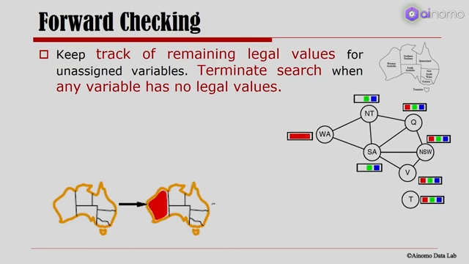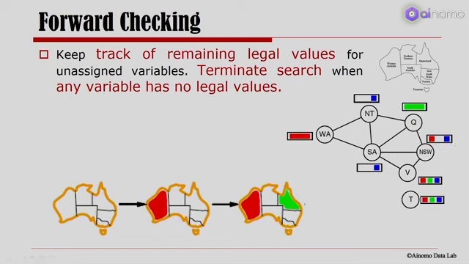When WA is colored red, the only legal colors left for the variables NT and SA are green and blue. And now if we color Q green, then the only legal value left for NT and SA is blue, whereas NSW could be colored red and blue.